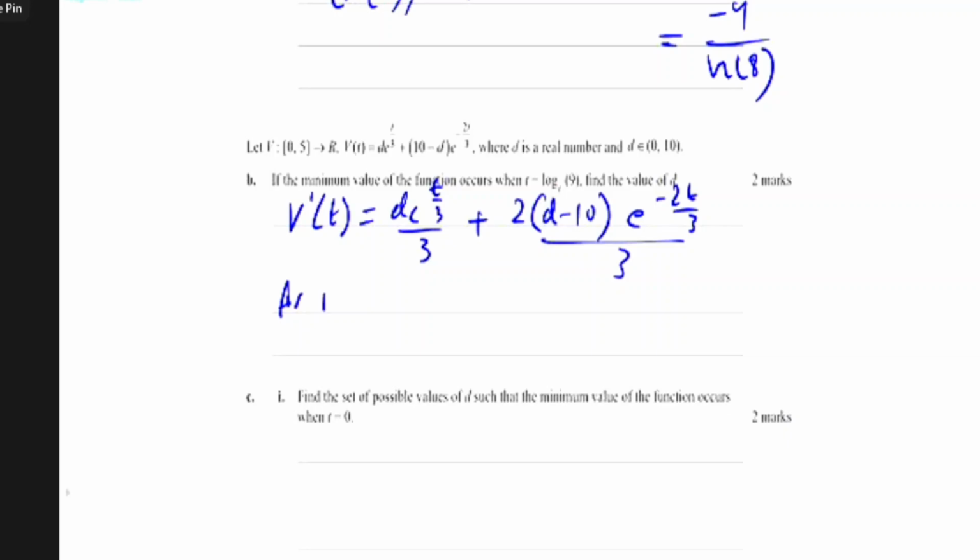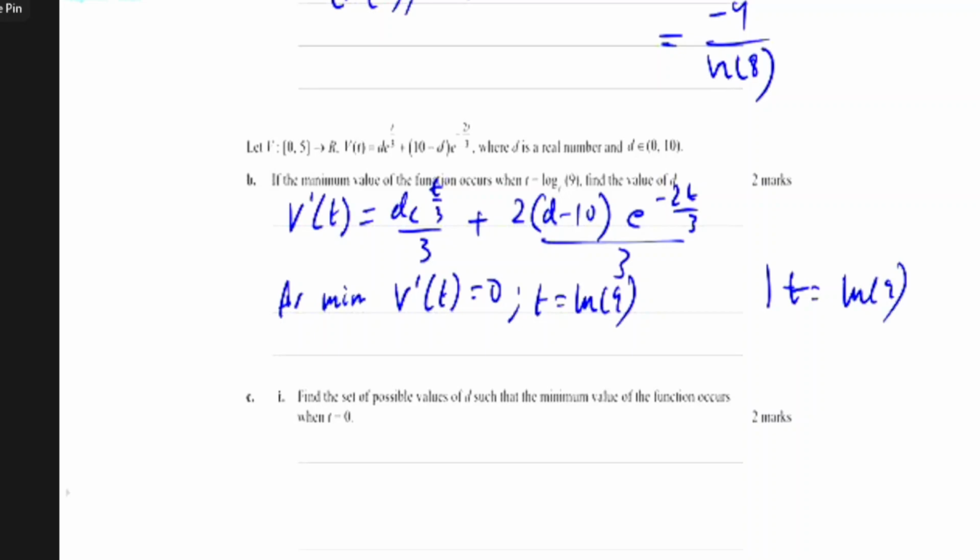For a minimum, v dash of t equals 0, where t is equal to ln 9. You put this in the CAS, given that t is equal to ln 9, you solve for d, and you get d is equal to 20 on 11.